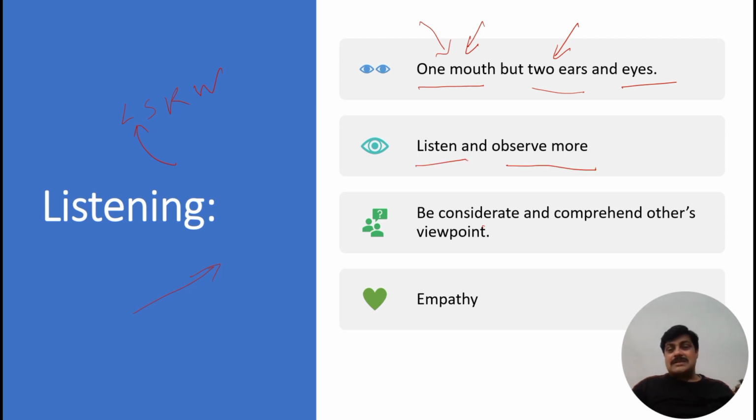Be considerate and comprehend others' viewpoint. Because when you listen, you will be considerate to others and you will understand what the other person is saying. When you listen, you create empathy too. So, in listening, there is empathy, there is consideration, there is comprehension, and that's why listening becomes the most important skill.